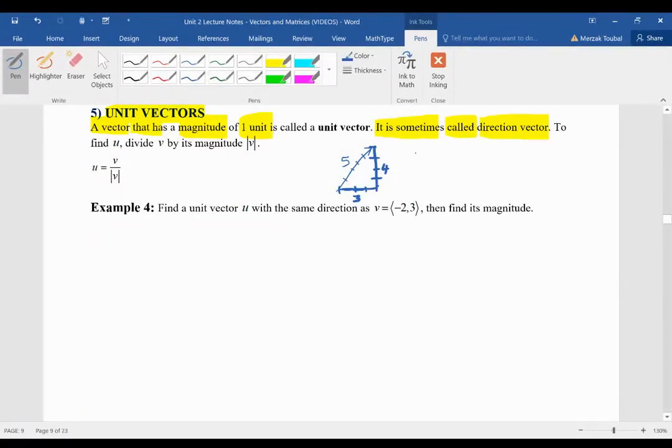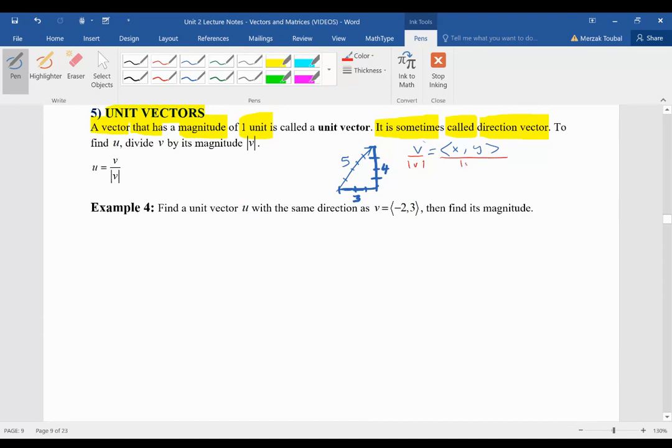So normally the vector v is written as x comma y, the x component and the y component. So if we divide this vector by the magnitude, which is 5, if I divide the left side by the magnitude of v, well, I have to do the same thing to the right side.